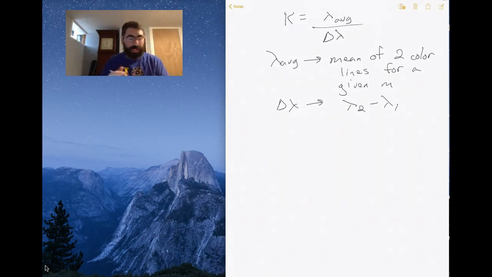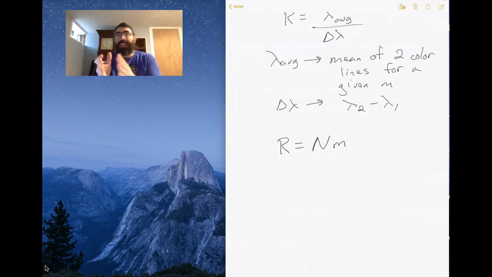Now what you could do is work through the derivation and find that this resolving power can also be calculated from the number of lines in the grating, the number of lines per meter, times the specific m value that you're using. So m equals 2 is going to separate those colors a lot more than, say, m equals 1.